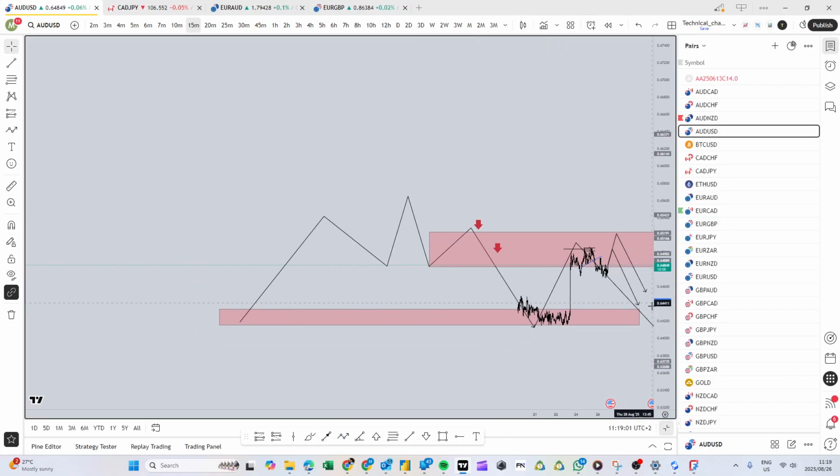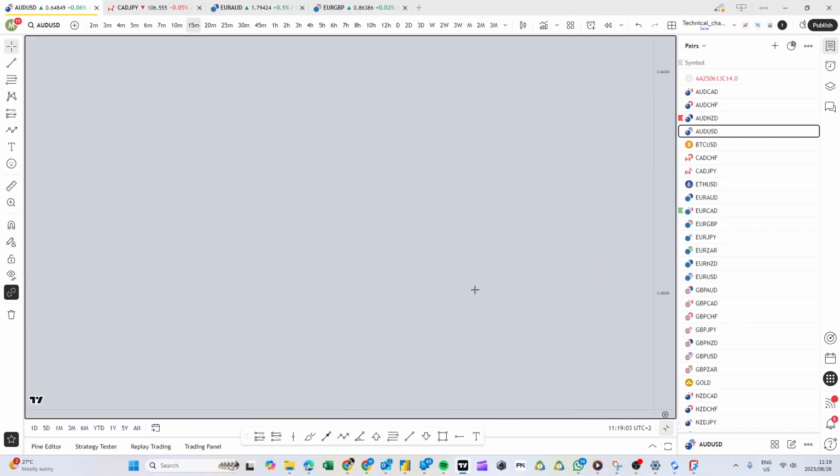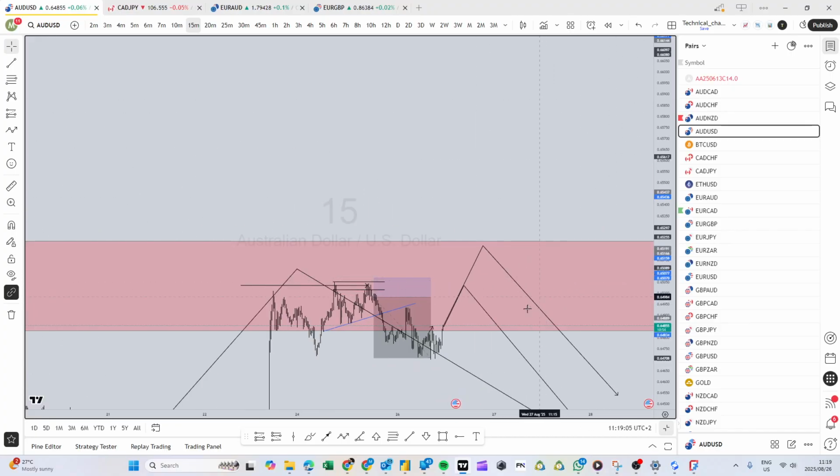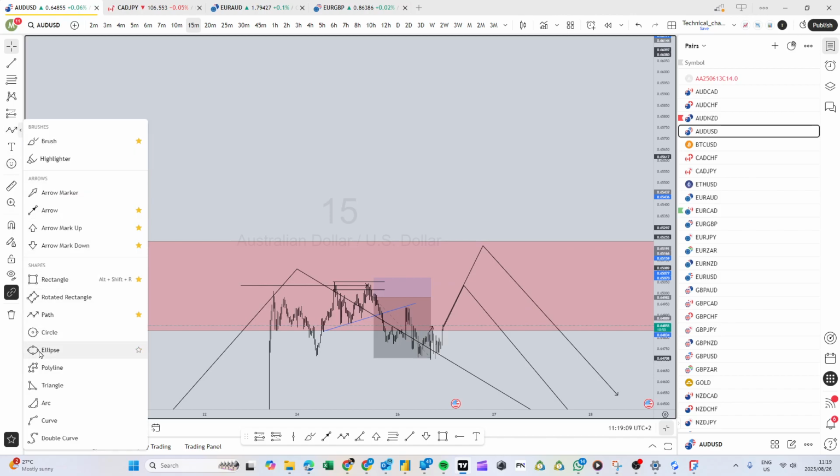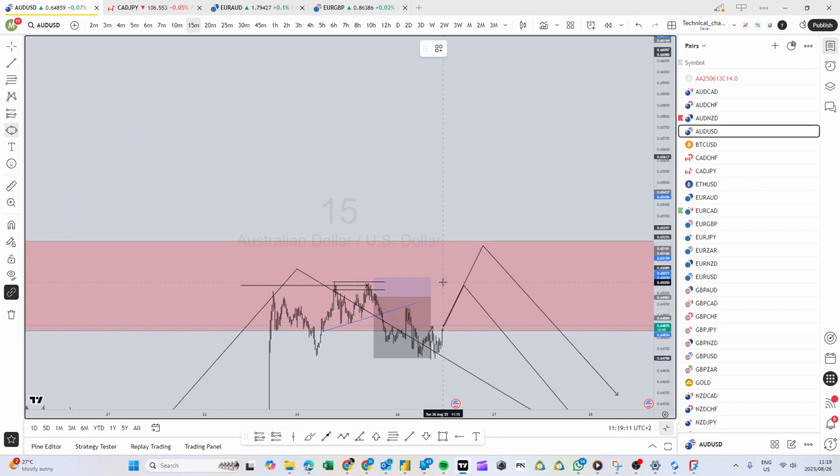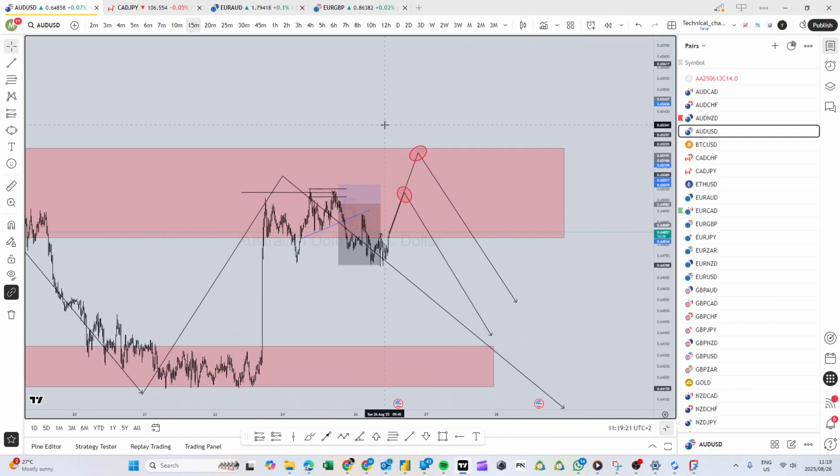So one of these two areas, I'm gonna be looking for opportunities to short the market. So this zone here, and then that zone up there. So we're gonna be looking to short.